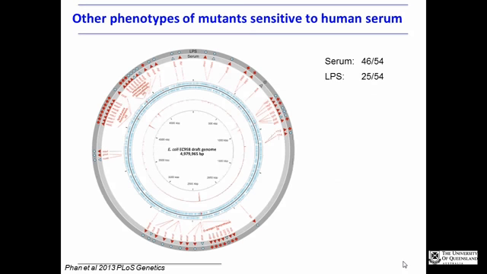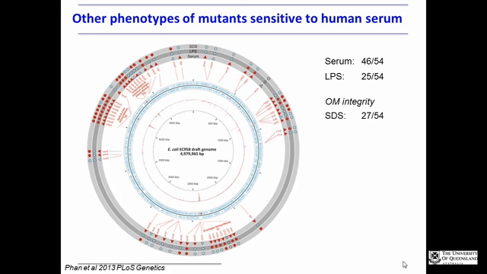Okay, so what we then predicted was that there may be other phenotypes associated with these mutants that we had identified. As I said to you, we have 46 out of the 54 that we were able to demonstrate the phenotype with respect to sensitivity to human serum.